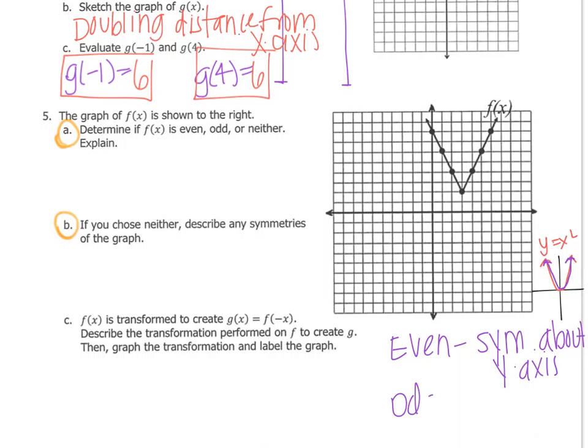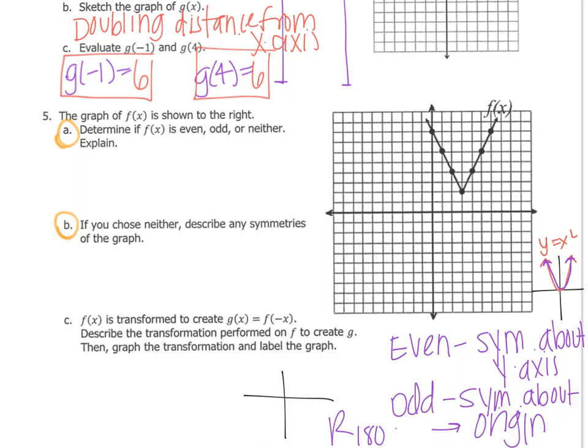An odd function is symmetric about the origin, meaning that it can be rotated 180 degrees to look like itself. So an example of an odd function would be a cubic equation, something like this.